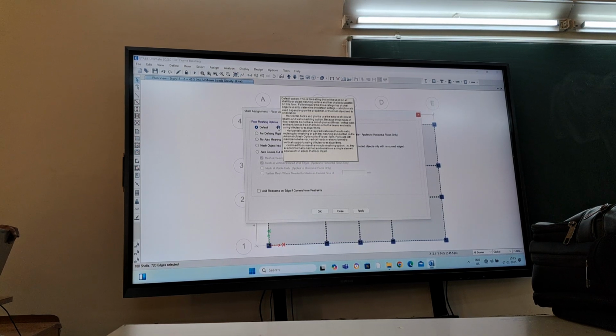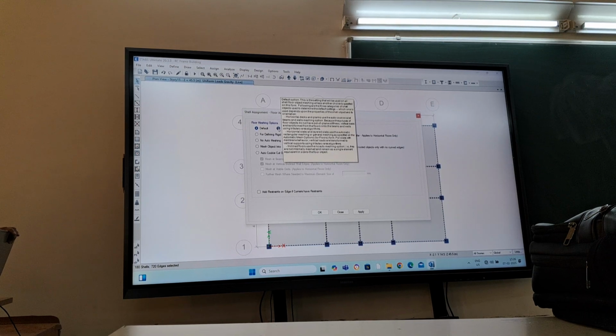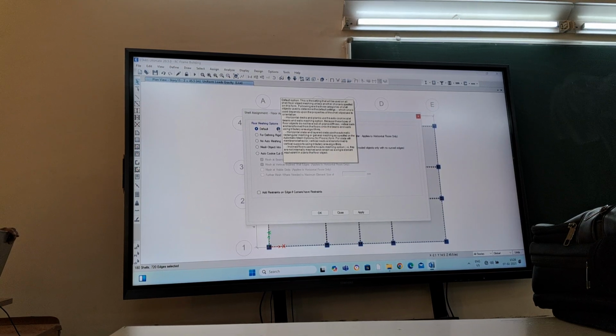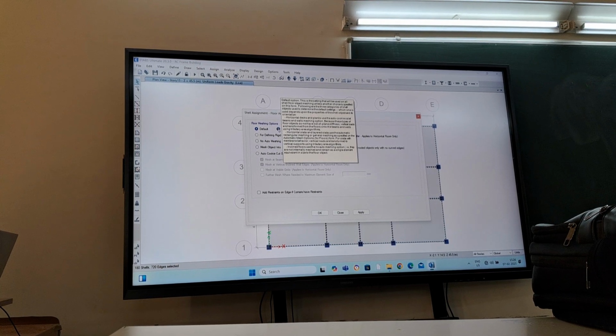Then horizontal slabs and ribbed slabs use the automatic rectangular meshing or the meshing as specified upon the automatic mesh options. For slabs with membrane behavior, vertical loads are transferred to vertical support and then close. Okay, we have to check the second option.